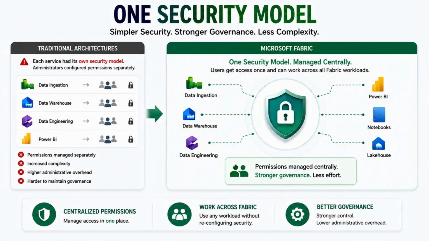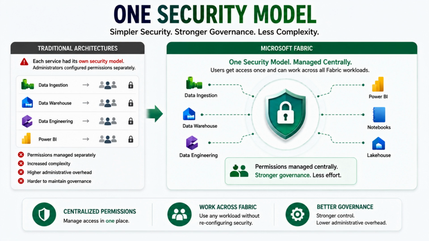Let's now discuss security. If everything is in one place, security is also in one place, that is one security. You don't need to manage security for every different tool. In traditional architectures, each service had its own security model, so administrators had to configure permissions separately.